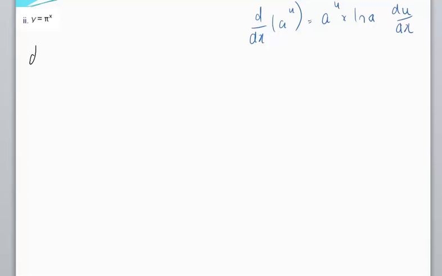So here dy on dx will become here a to the u, so here pi to the power of x multiplied by the natural logarithm of a, which is pi, multiplied by du on dx. Our u is equal to x, so that becomes 1. So pi to the power of x multiplied by natural logarithm of pi here.